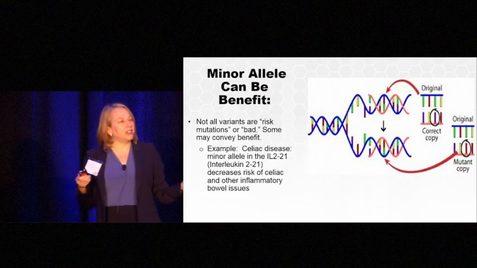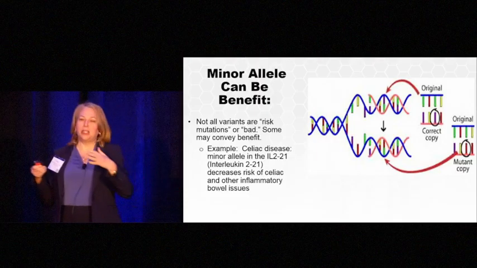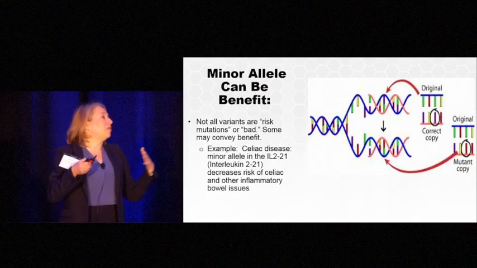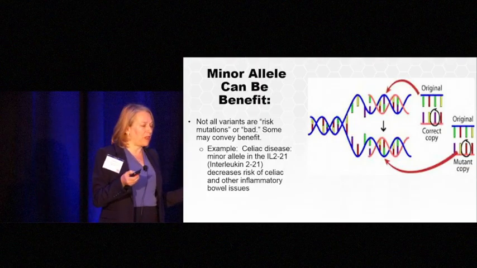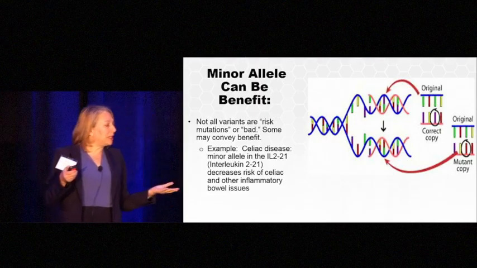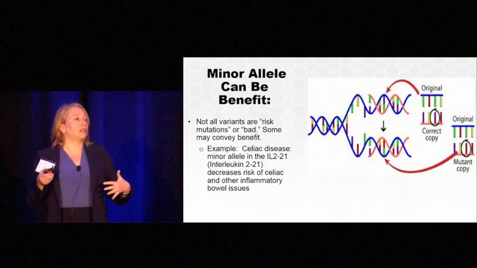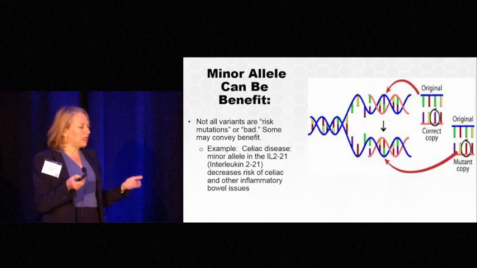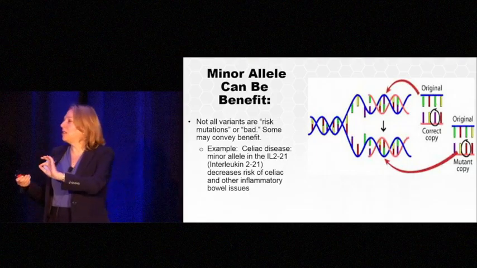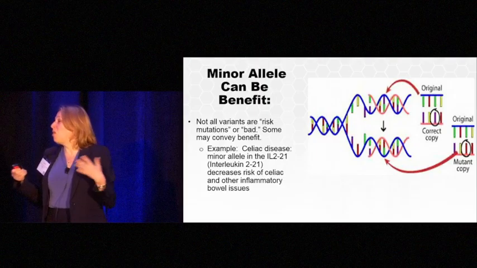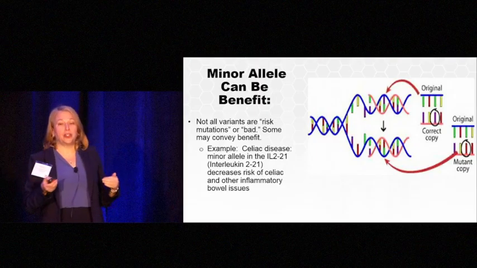There are also variants that convey benefit, that improve their vitamin D levels, that improve their immune system, that give them protection against all kinds of different things. So for example, in celiac disease, the IL-2-21 actually decreases the risk. There's lots and lots of these examples. There's SNPs in platelet pathways that make you have less sticky platelets, almost like built-in aspirin, and decrease your cardiac risk.